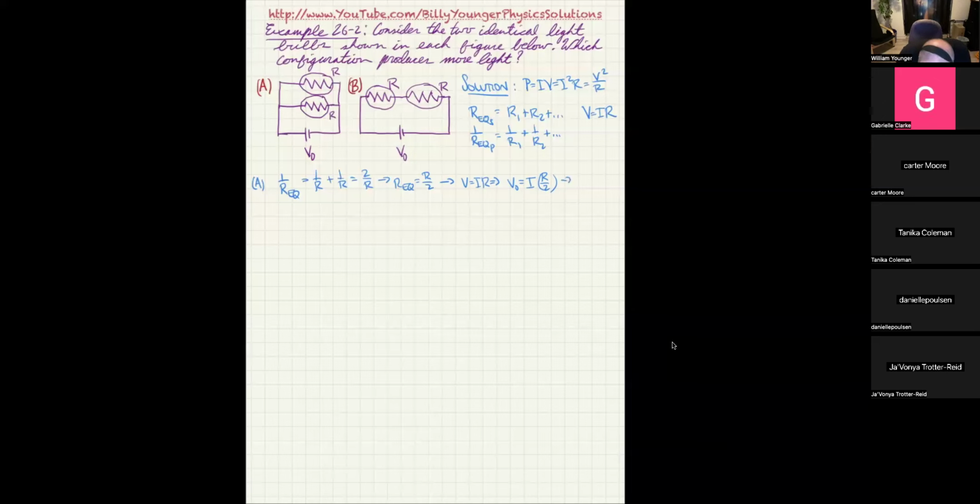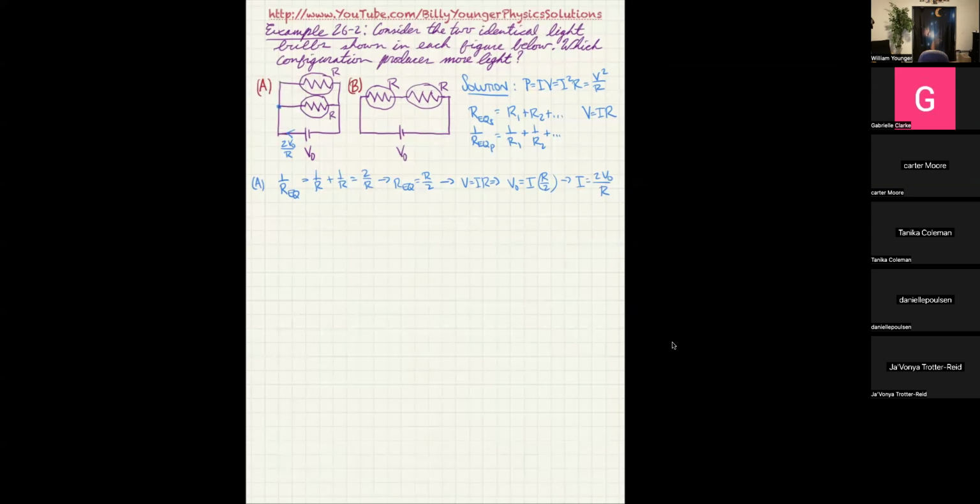When we do that, we get I equal to 2V0 over R. So now we have the current going through the circuit. That means this current right here is 2V0 over R.